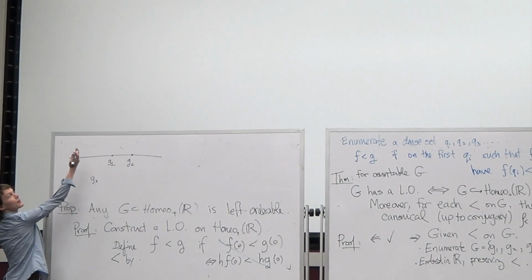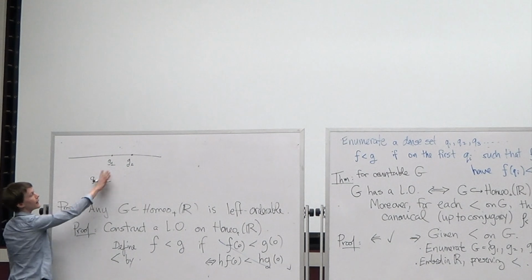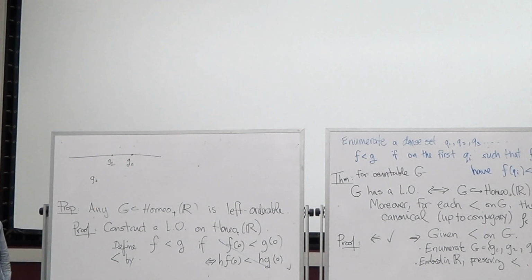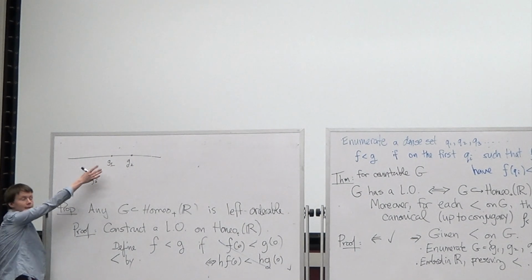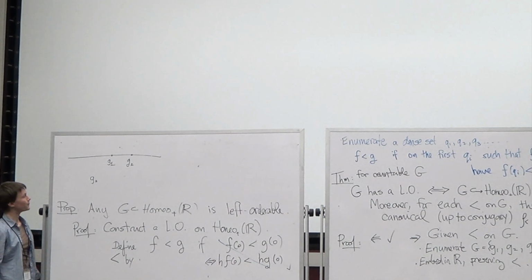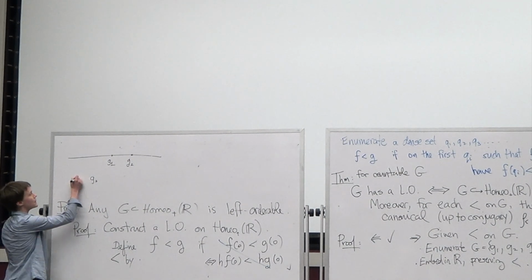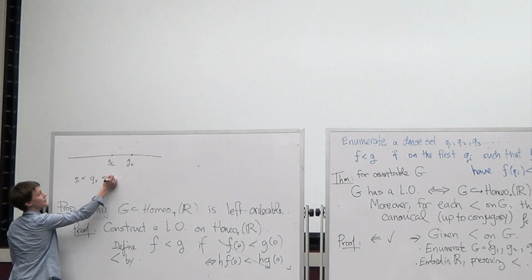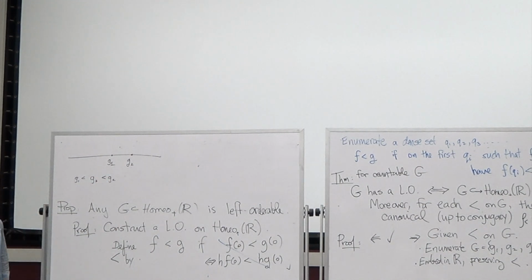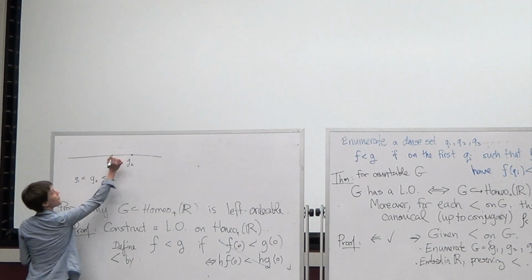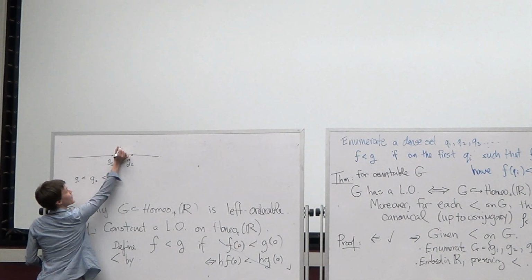Or it's less, in which case I'll put it 1 to the left. Or there's a pair that I've already placed where it's exactly in between in my total order. Let's pretend that happened. So maybe g1 was less than g3 was less than g2 in my group. In this case, I will take the midpoint of this interval and label that with g3.